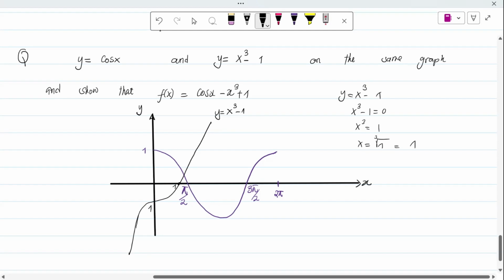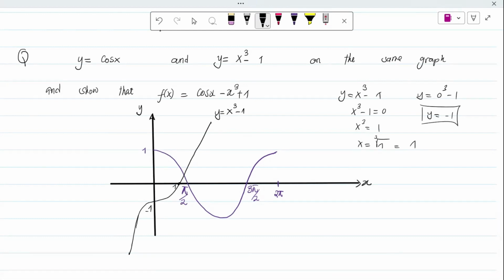Similarly, on the y-axis, x is equal to 0, so 0 cubed minus 1: it crosses the y-axis at -1. So it cuts the x-axis at +1 and the y-axis at -1, isn't it?